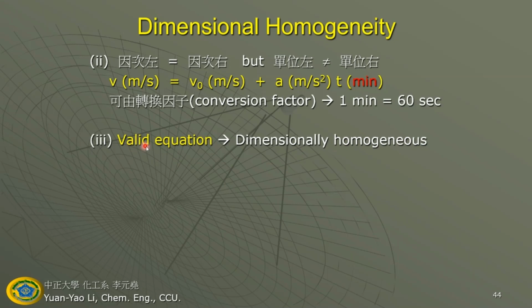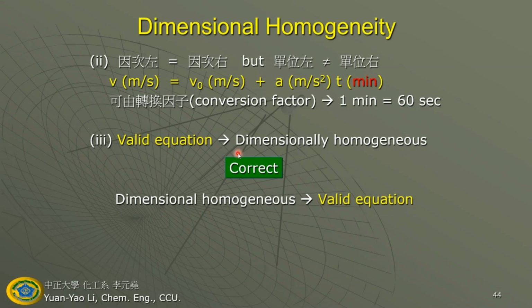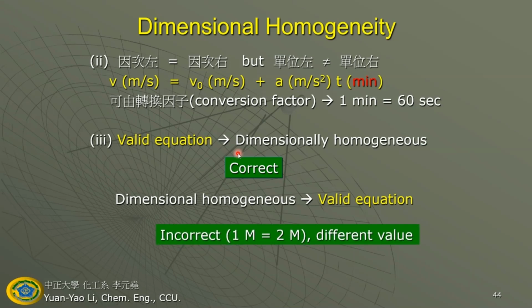Okay, all valid equations need to be dimensionally homogeneous. For example, this is correct. However, an equation that is dimensionally homogeneous is not necessarily a valid equation. Why?